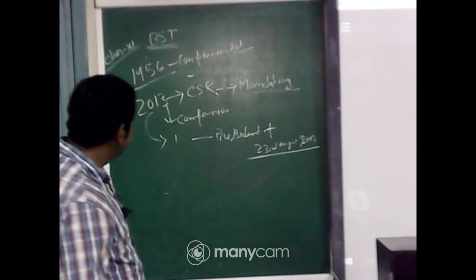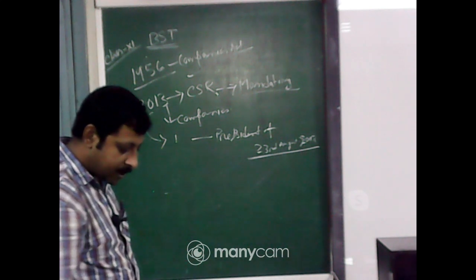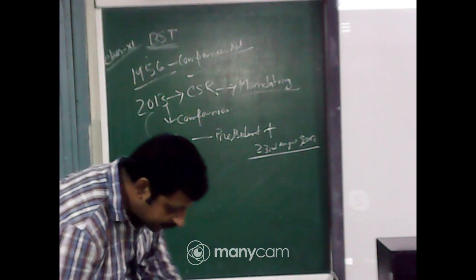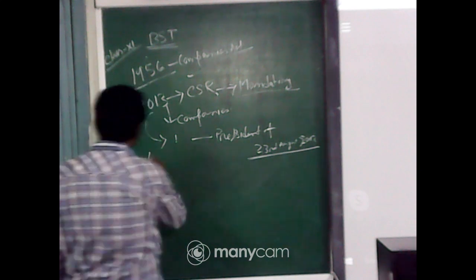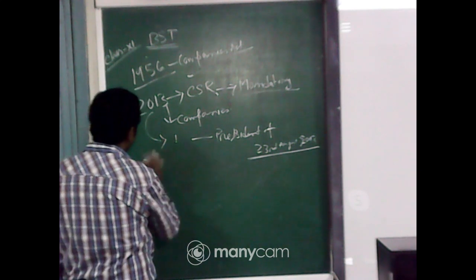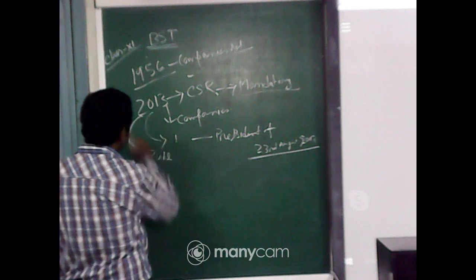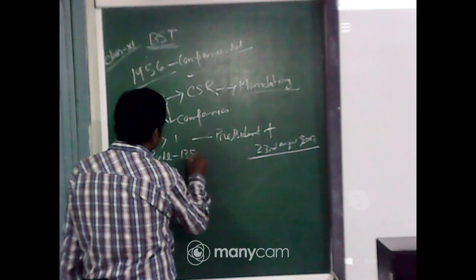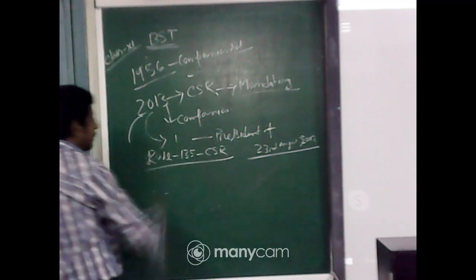So in the year 2013, the Companies Act was newly introduced, and this provision is Section 135. The Companies Act 2013, Section 135, is where corporate social responsibility comes under.